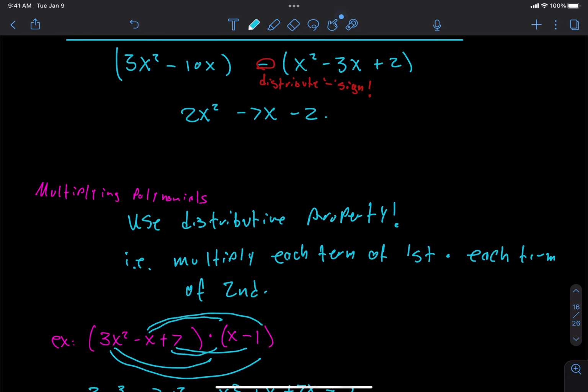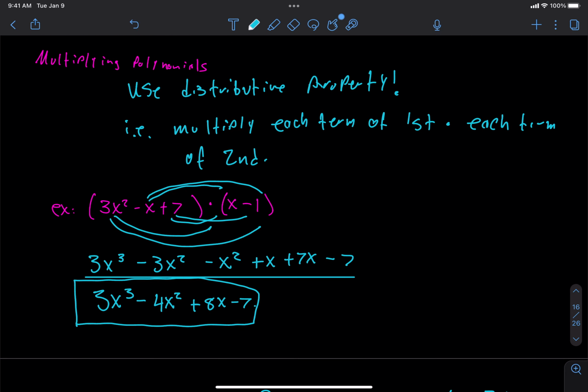Then we learned how to multiply polynomials, and this made use of the distributive property. The distributive property tells us that if we're going to multiply 2 polynomials together, then we need to multiply every term of the first polynomial times every term of the second polynomial.